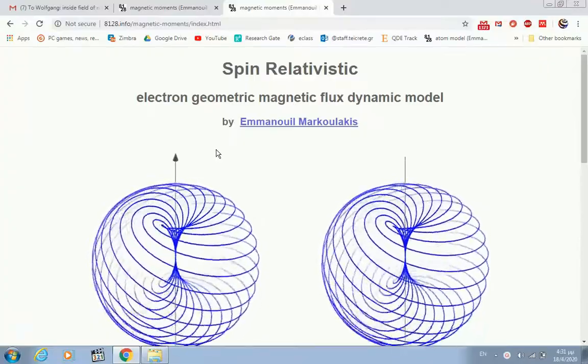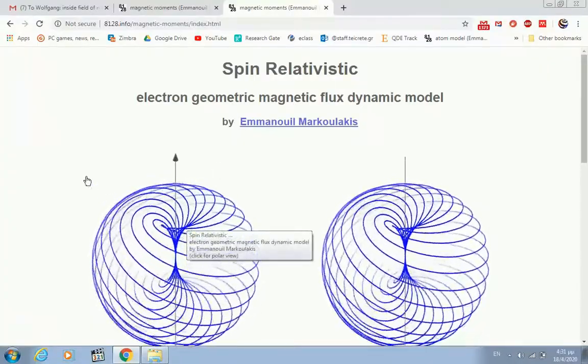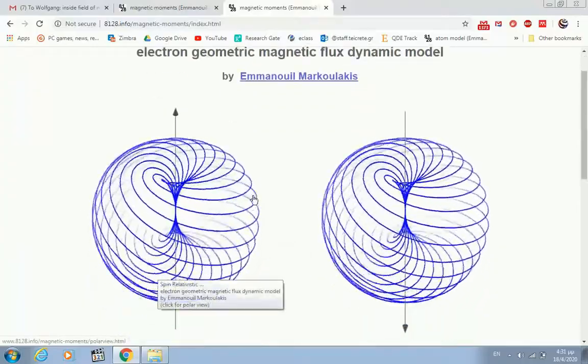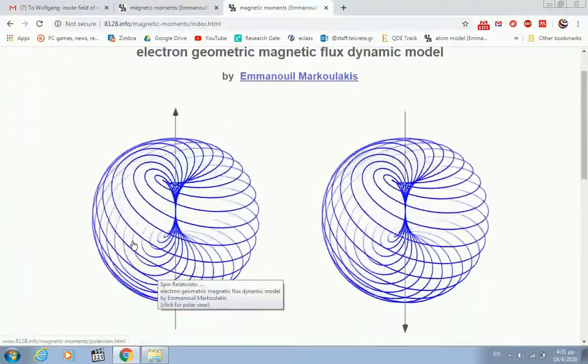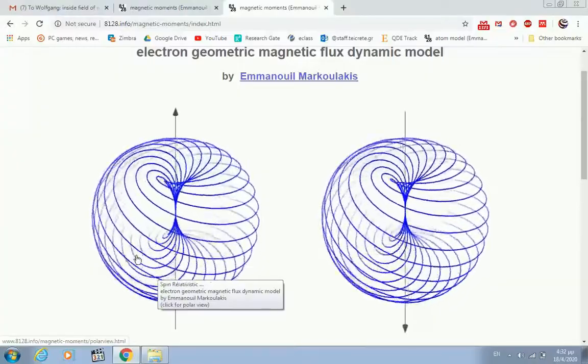So we have seen in the previous video the actual field in 3D space of an electron. In extension, it's still valid for any ferromagnetic dipole.